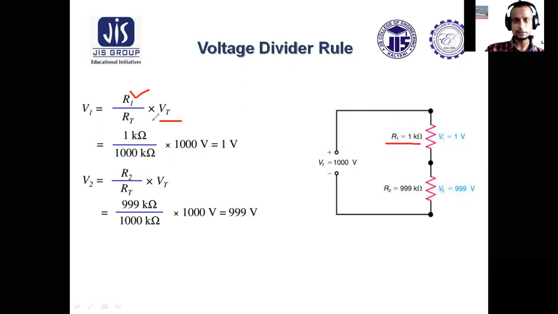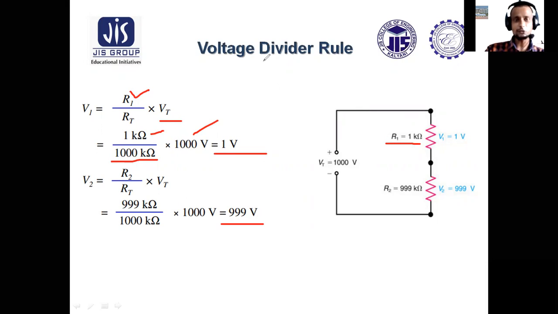R1 plus R2 is mentioned here as RT. So R1 is 1 kilo ohm, R2 is 999 kilo ohm. So RT will become 1 plus 999, that is 1000 kilo ohm. R1 is 1 kilo ohm placed here and VT is 1000 volts. So V1 is 1 volt. Similarly, you can find V2 equals 999 volt.